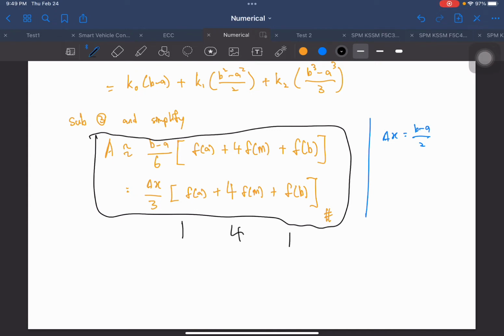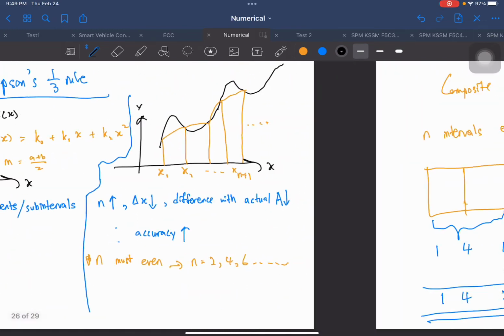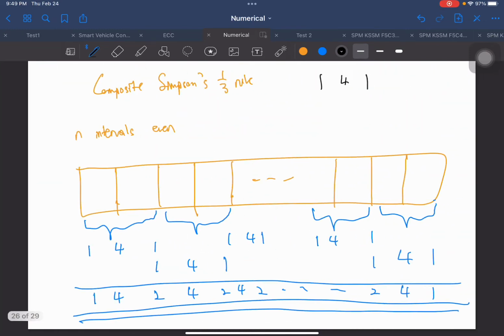So now we have n sub-intervals, right? You divide the n sub-intervals into pairs. Two consecutive sub-intervals, where you have x1, x2, x3, x4. So you group two sub-intervals into a pair, and you get what we got in the simple case.